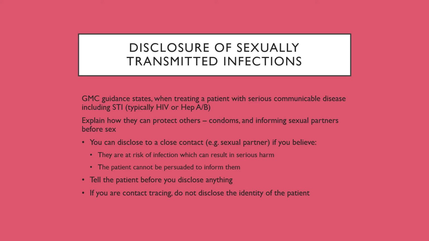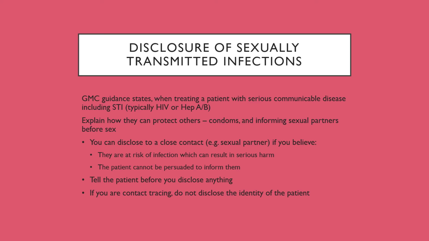But that's not sexually transmitted, obviously. So if you're treating someone who has a serious communicable disease, you need to explain to them how they can protect others. So if it's sexually transmitted, things like barrier methods of contraception, so condoms, and that they should inform their sexual partners of the risk of transmission before sex.